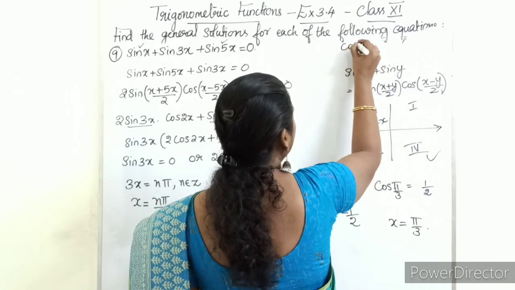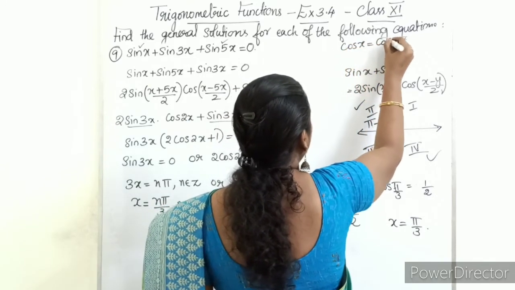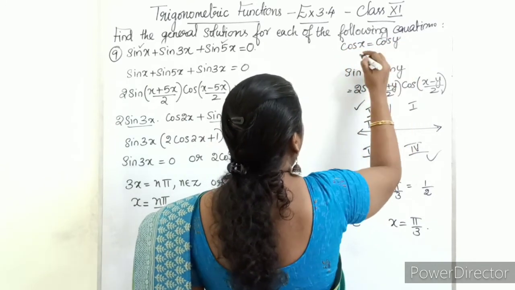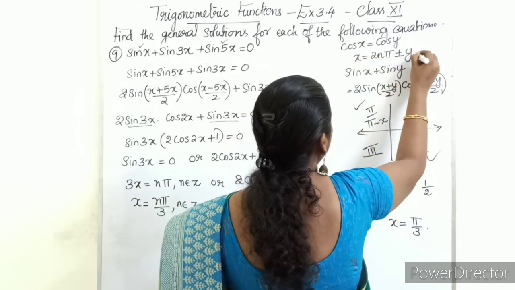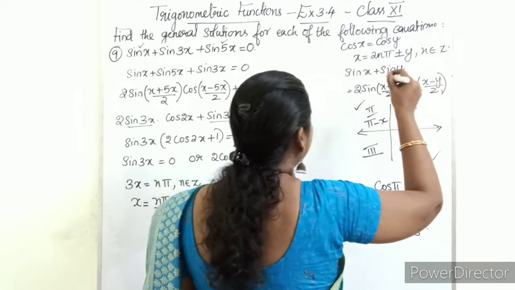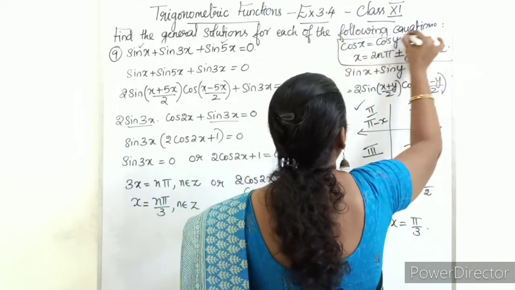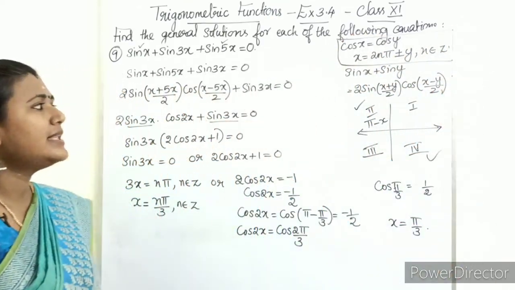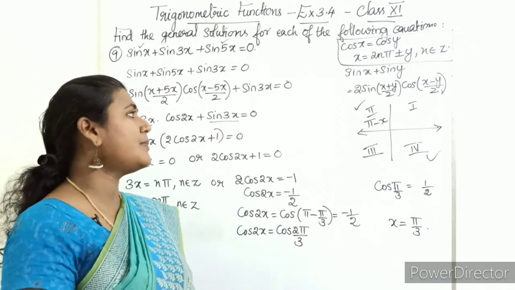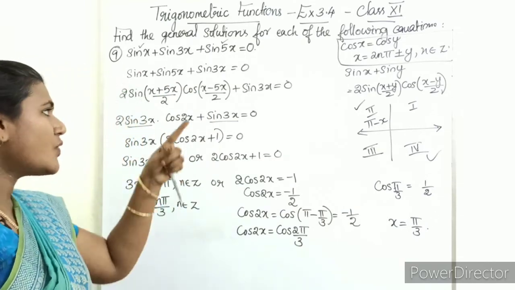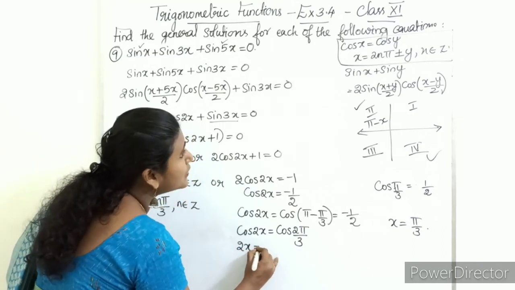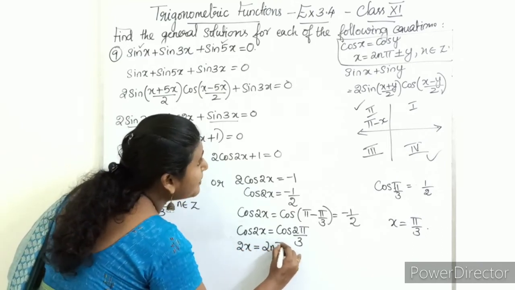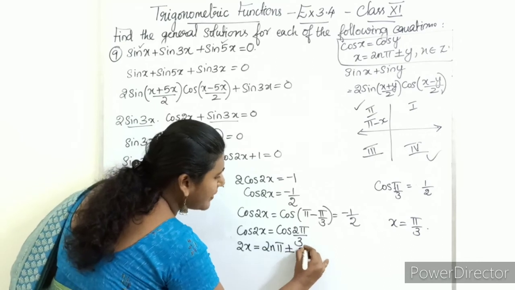If cos x is equal to cos y, then x is equal to 2n pi plus or minus y, where n belongs to Z. So we will use the theorem here. So you will get 2x is equal to 2n pi plus or minus 2 pi by 3.